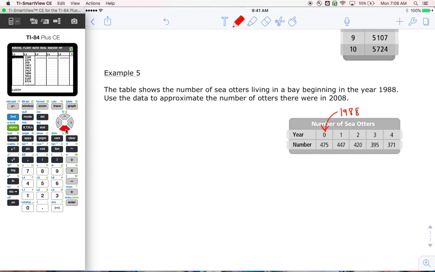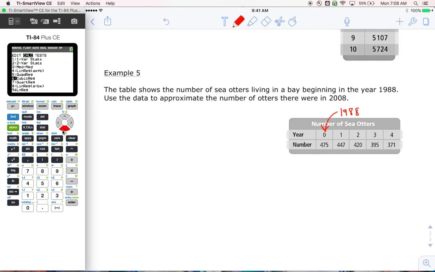We've got 0, 1, 2, 3, 4. And I'm going to clear this. All right, we've got 475, 447, 420, 395, and 371.